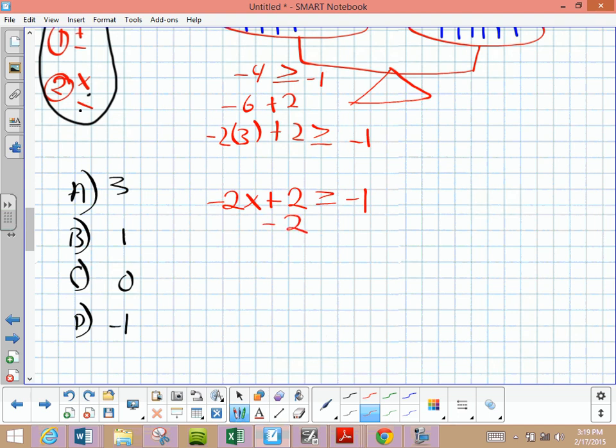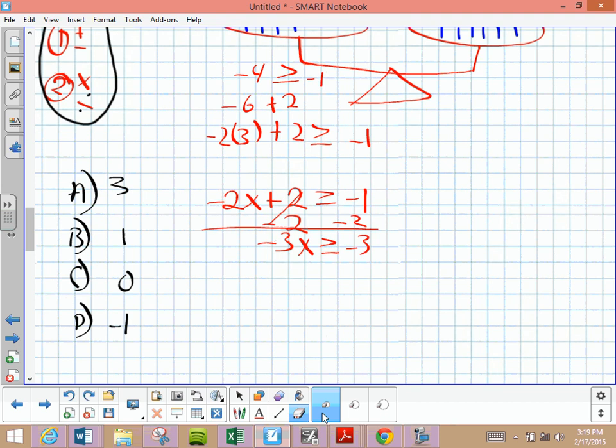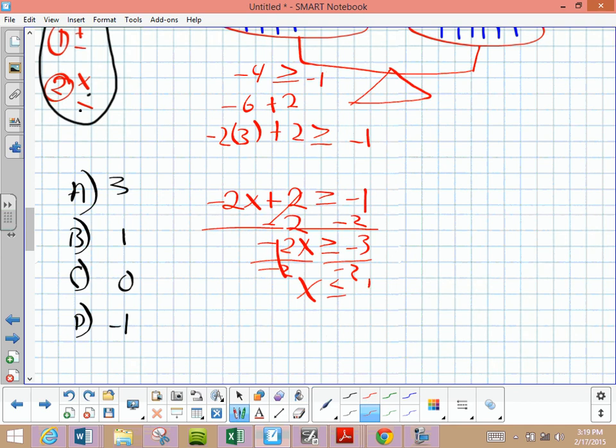So you get negative 2x greater than or equal to negative 3. All right, so we divide by negative 2. X is, switch the signs, right? Less than or equal to positive 1.5.